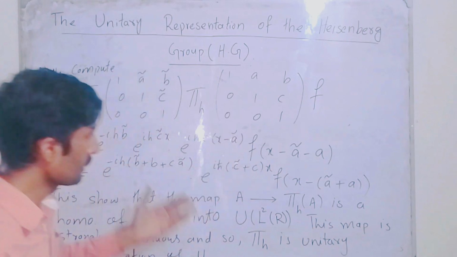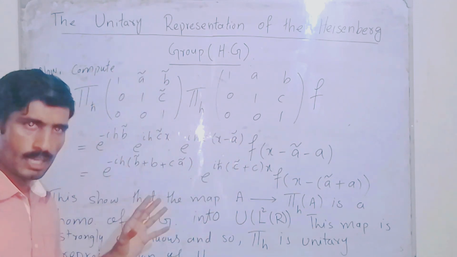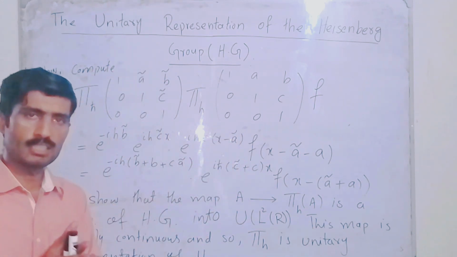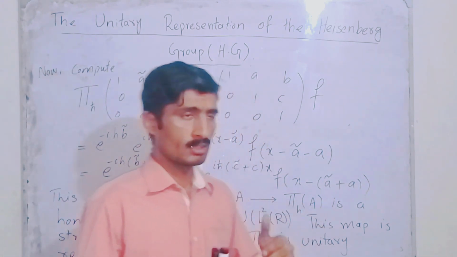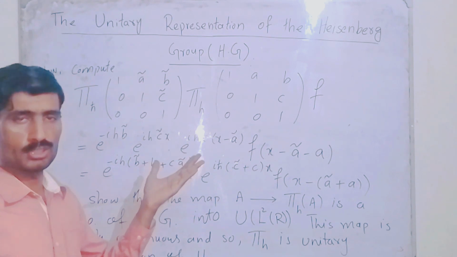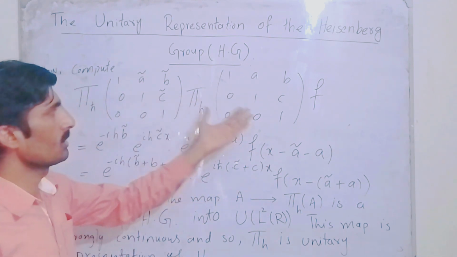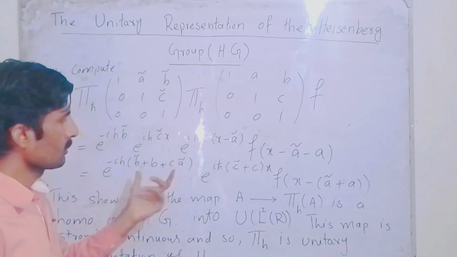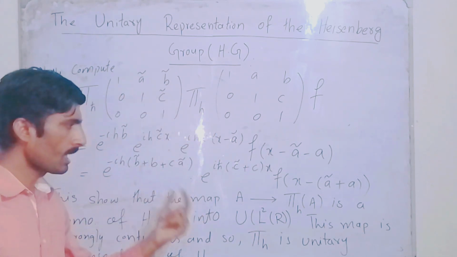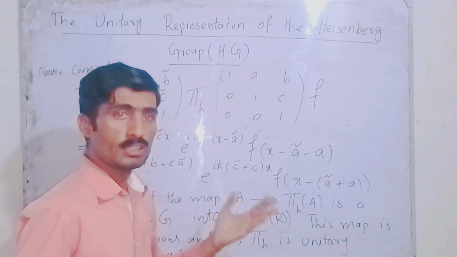Here we compute this map. First of all, we take the group of Heisenberg groups, then we take two elements, right? Then we apply the map on these elements from the Heisenberg groups. After applying and simplification, we will get the map, and this map is strongly continuous.